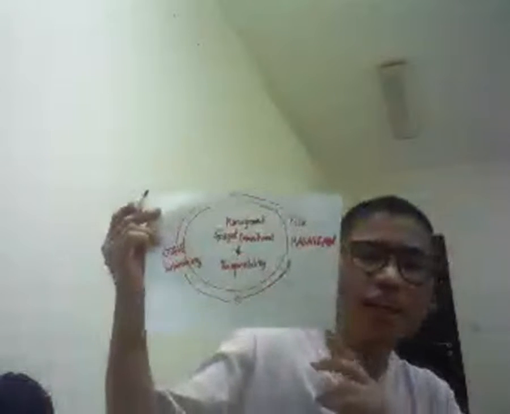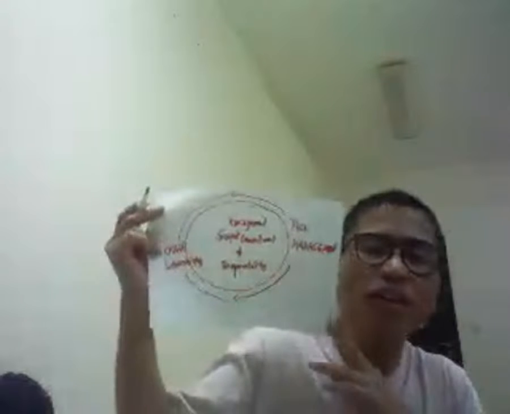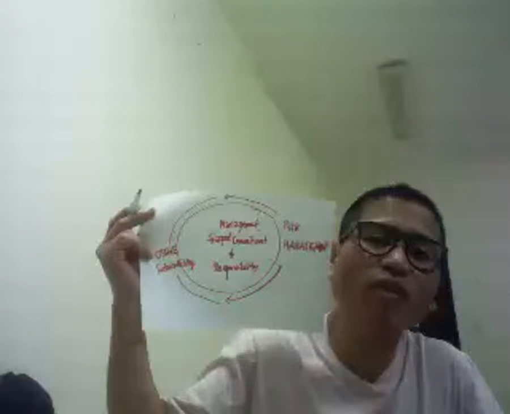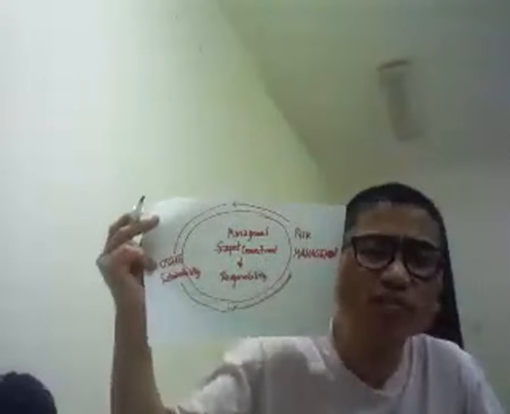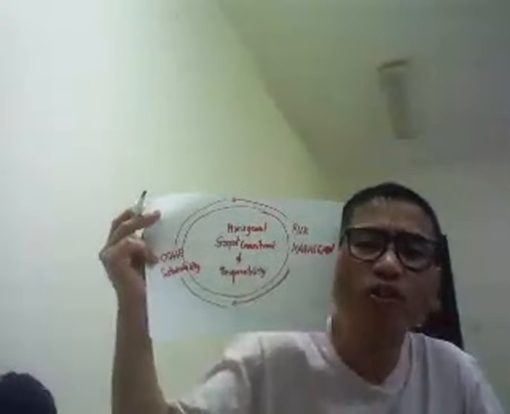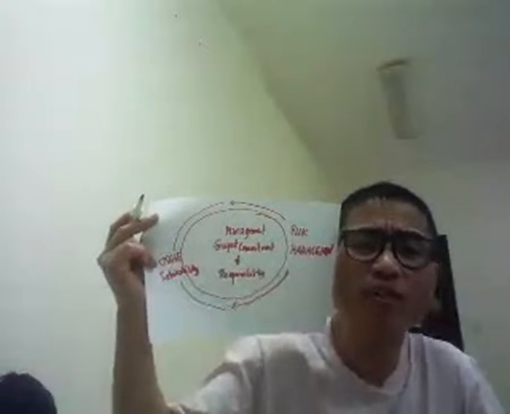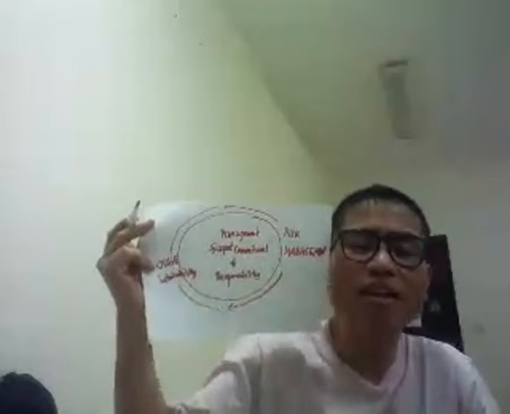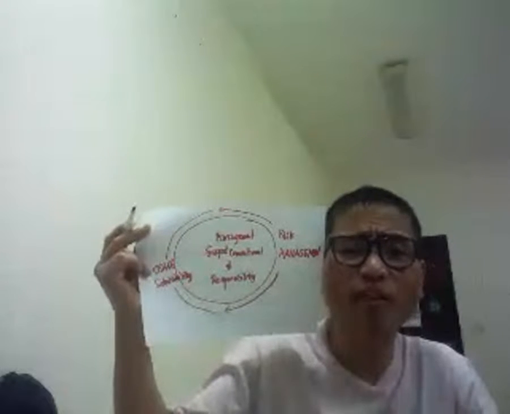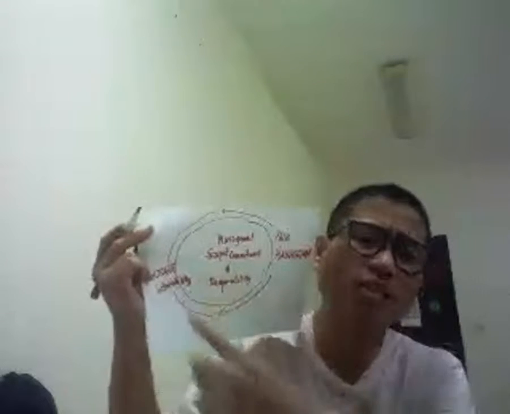So, occupational safety, health, and environment sustainability. Look at my drawing. The center will be the management commitment and responsibility, and outside the circle will be the risk management and the occupational safety, health, and environment sustainability. So management is committed to these two components.